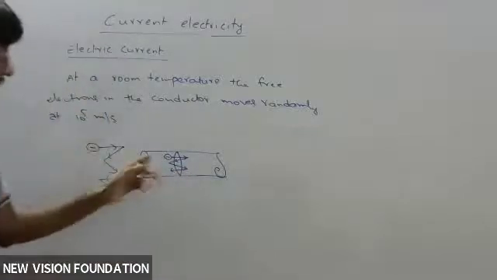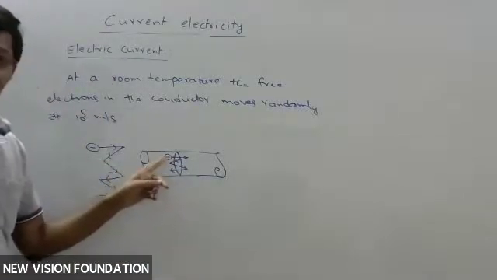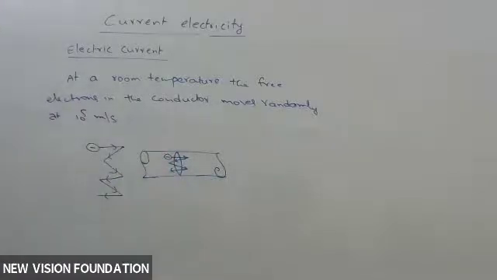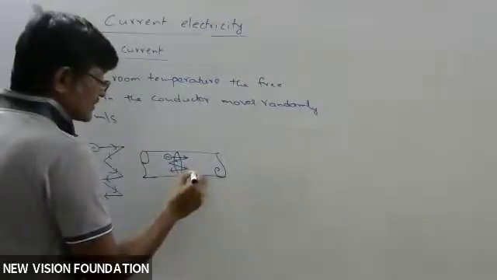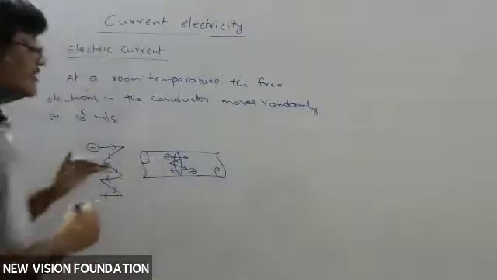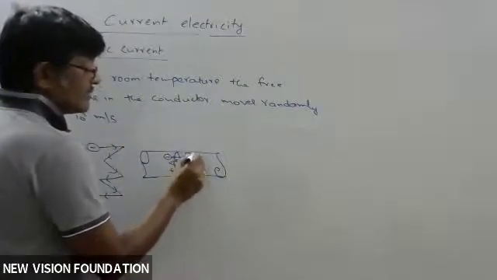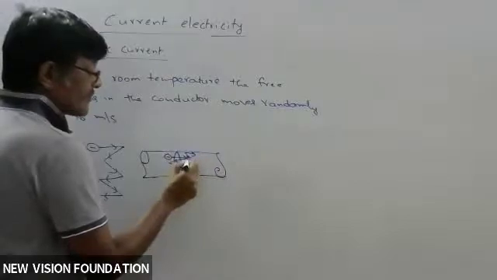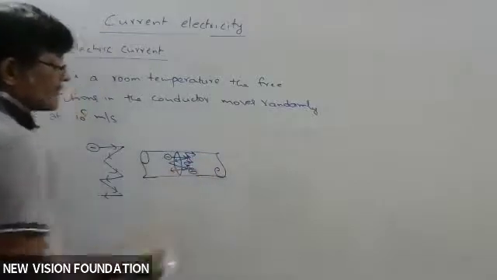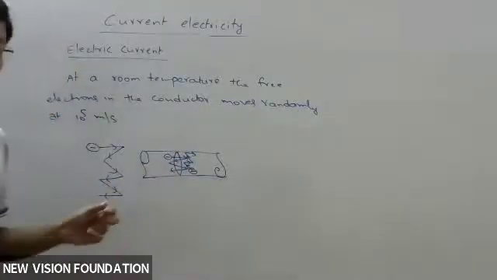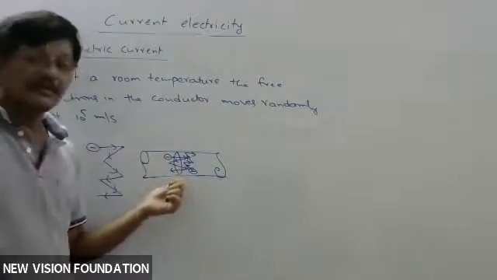So this electron does not cross this imaginary cross section in the conductor. Similarly, the electrons on either side of the imaginary cross section move randomly with speeds of 10⁵ meters per second. Therefore, there is no net charge flowing through this cross section.